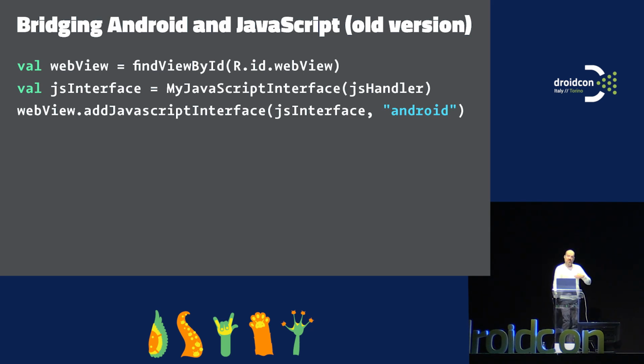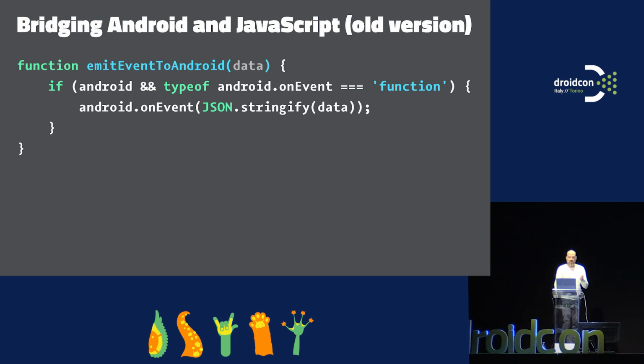OK. What about the other direction? What if you want to call a JavaScript function from Android? Well, you can do that also. Sorry. First, the JavaScript version of sending an event to Android. In the JavaScript world, we have a function called emitEventToAndroid. In that one, we check if the Android object actually exists.